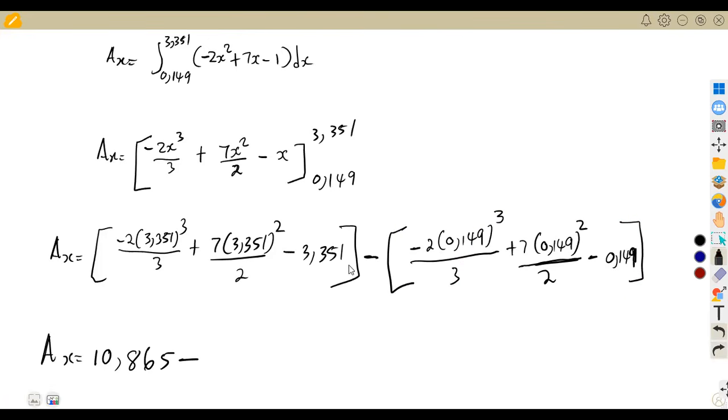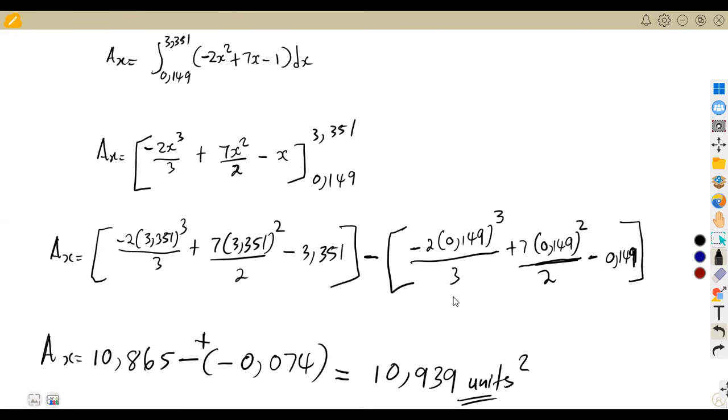Then from this one, this part here that I'm talking about, it gives us also a negative, which is 0,074, like this. So as you can see, negative, negative is going to be a positive, and that is going to give us 10,939 square units in this case. So this is going to be our area in square units.